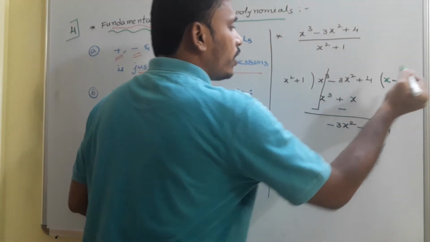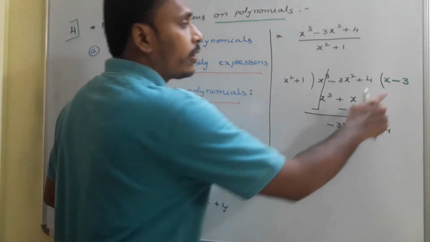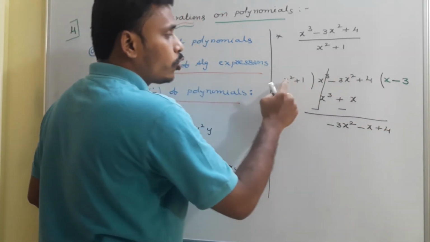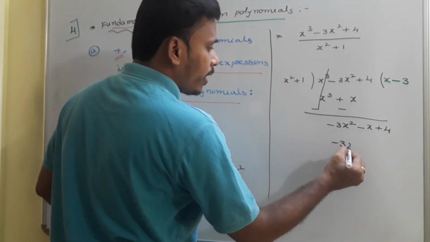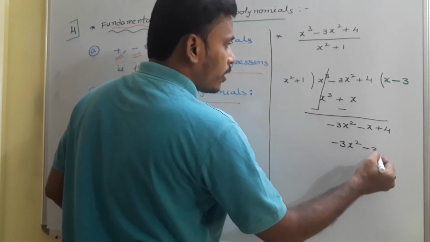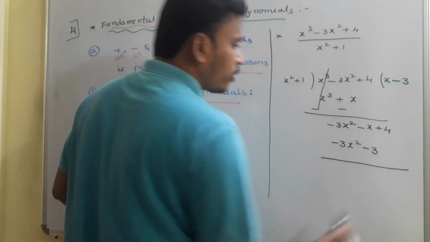Write that -3 in the quotient part. After writing that, multiply this -3 with the divisor. So -3 into x^2 is -3x^2, and -3 into 1 is -3. That's it. Then again do subtraction.